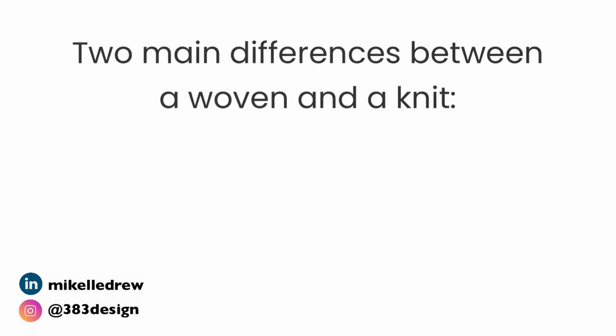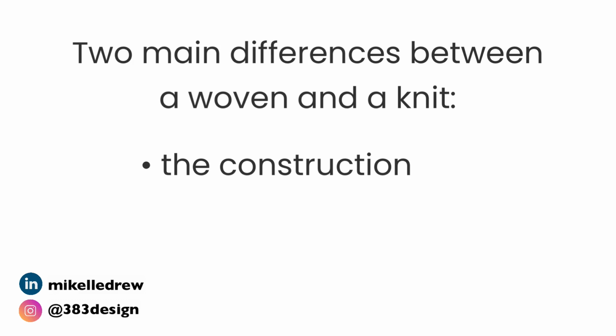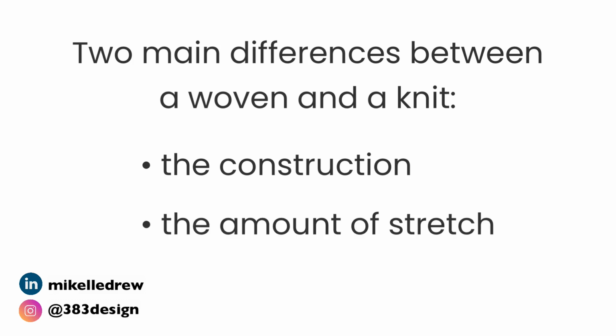There are two main differences between a woven and a knit: the construction and the amount of stretch. A woven is considered a non-stretch fabric. You'll often hear wovens referred to as rigids, and this is because, except on the bias, there really is no give at all in a woven.